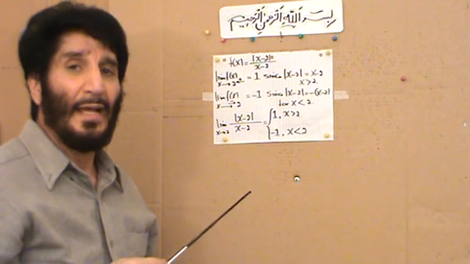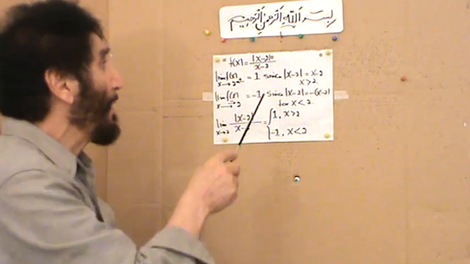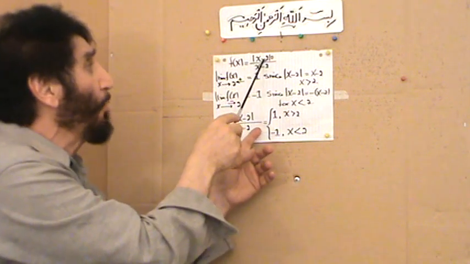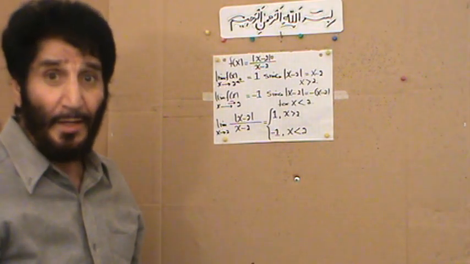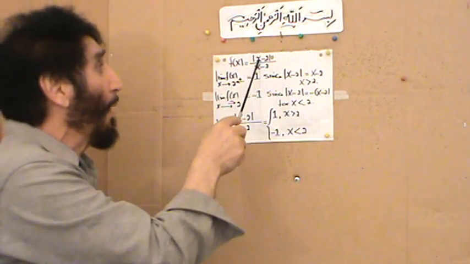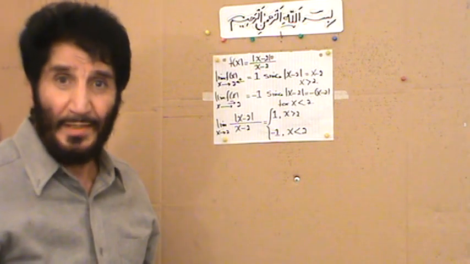Now, what happens if x assumes values to the left of 2? For example, if x is 1.9, then 1.9 minus 2 is a negative number, negative 0.1. Is that right?